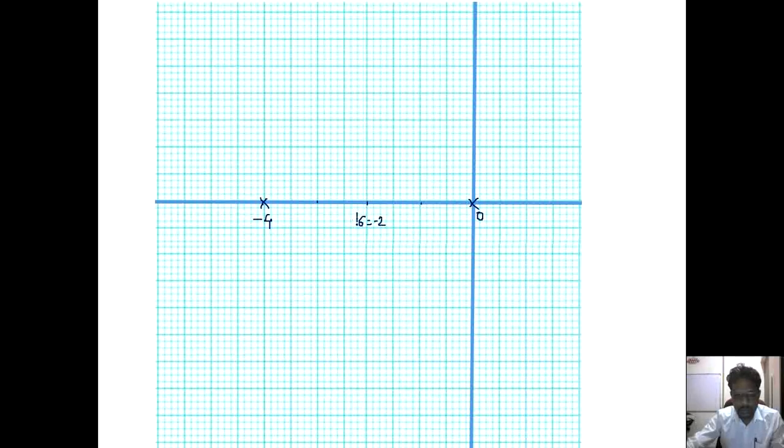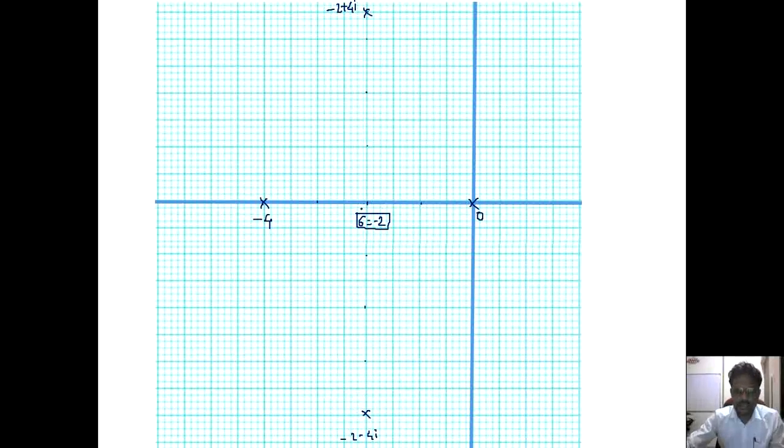The complex poles are minus 2 plus 4i and minus 2 minus 4i.